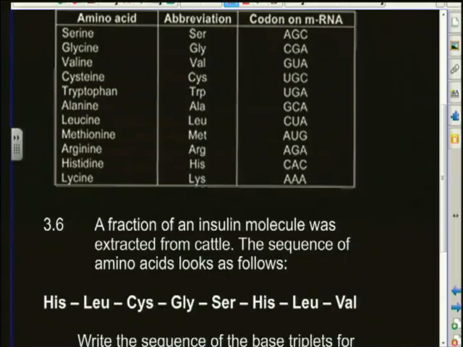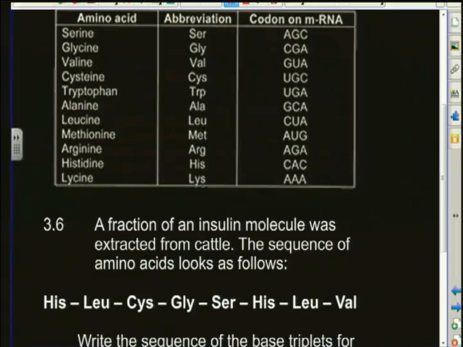Now, going on from that, you need to become familiar with this table. You don't need to study this table. It will always be given to you. All right? There's a variety of ways in which it can be given, but you do not need to know the amino acids. A table like this will always be given to you. Now pay close attention to the question. It says here, a fraction of an insulin molecule was extracted from cattle.